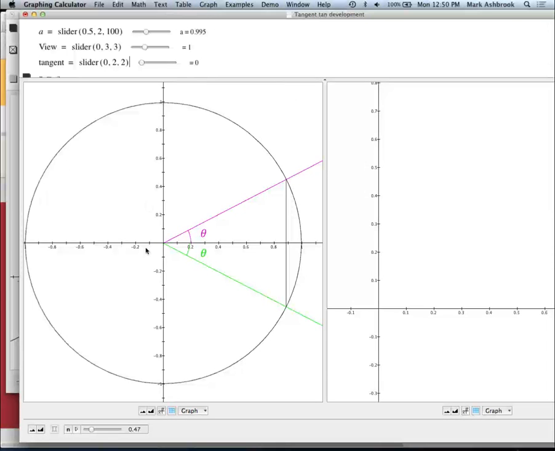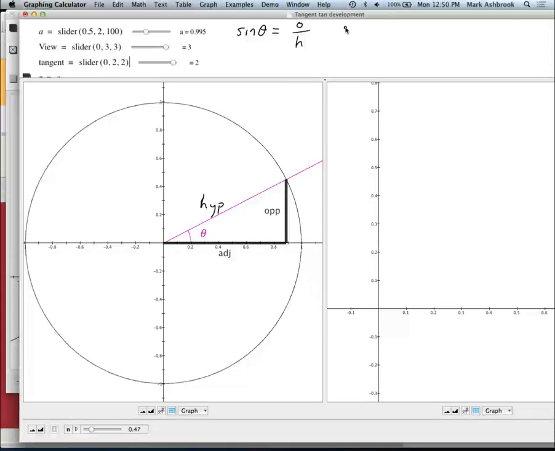So with our standard triangle of adjacent, opposite, and hypotenuse, we had that sine theta was opposite over hypotenuse.